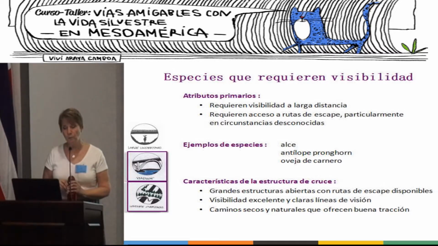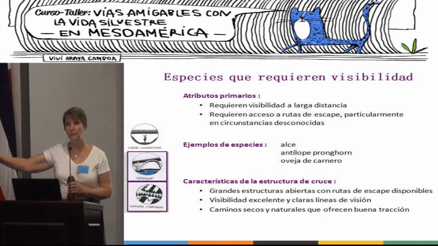In this case, really those large viaducts and overpasses are what you're aiming for, because if they really like very large open spaces, then the most comfortable type of structure that they're going to use is one where the visibility is very large.